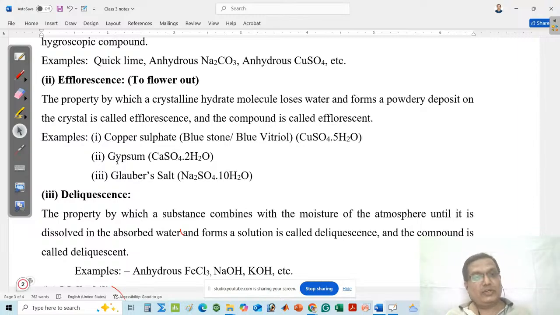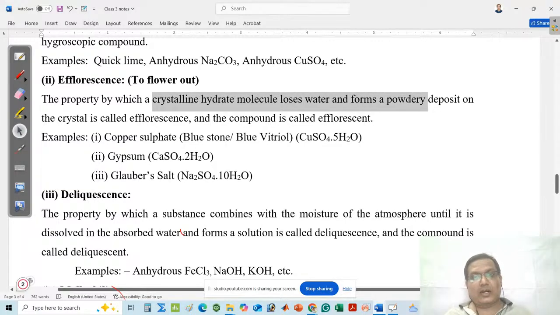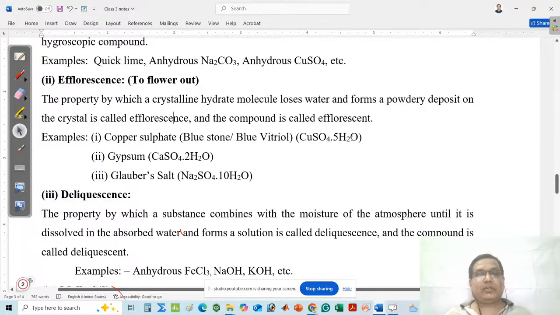The crystalline hydrate must have water molecules in its structure, which help to build the structure of the crystal. So the property by which a crystalline hydrate loses water and forms a powdery deposit on the crystal is called efflorescence, and the compound is called efflorescent.